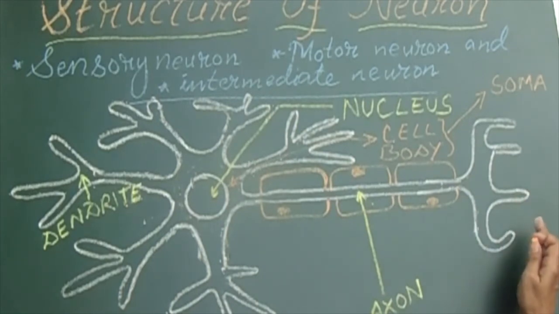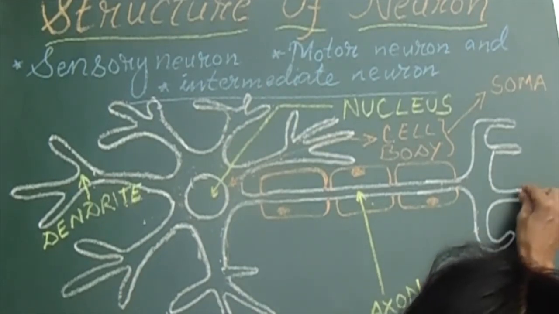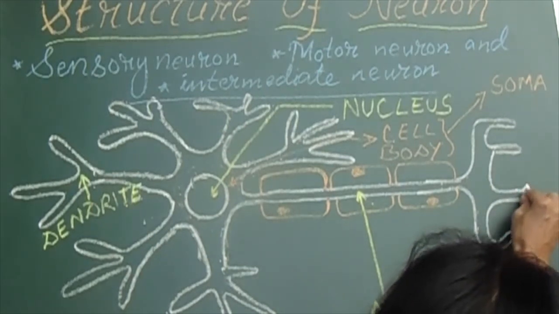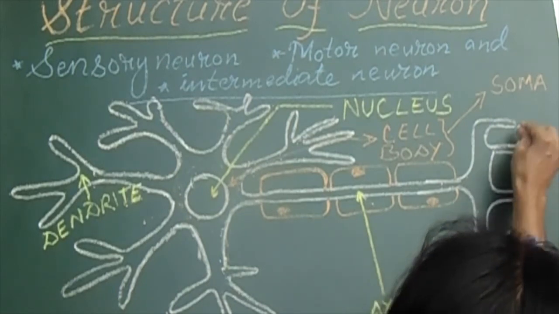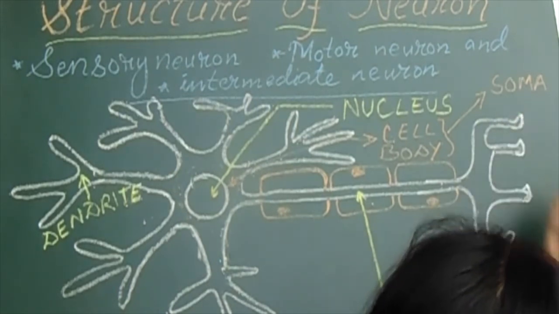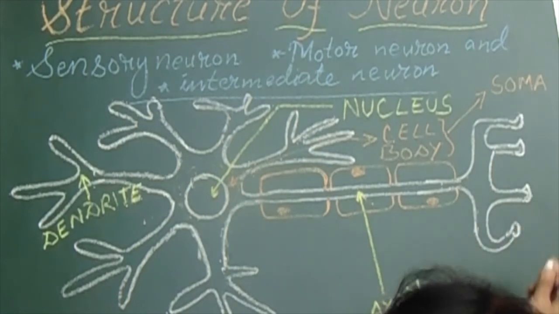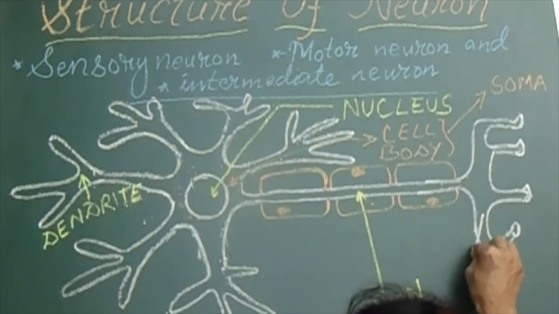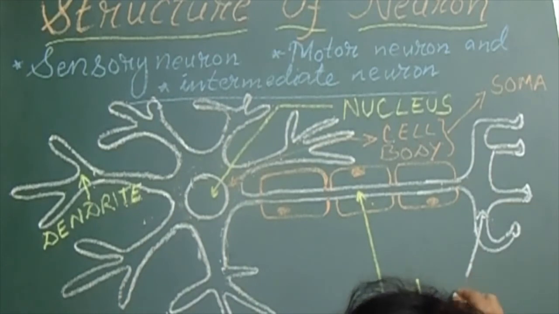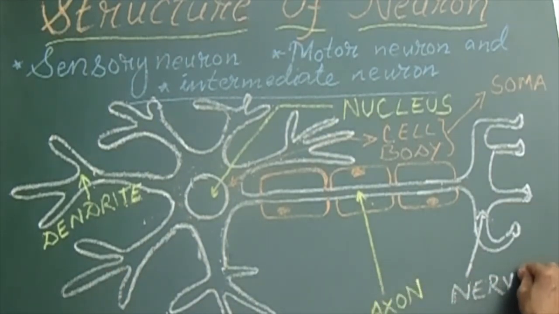This structure we call it as nerve ending. Each nerve ending is again associated with carrying the impulses.